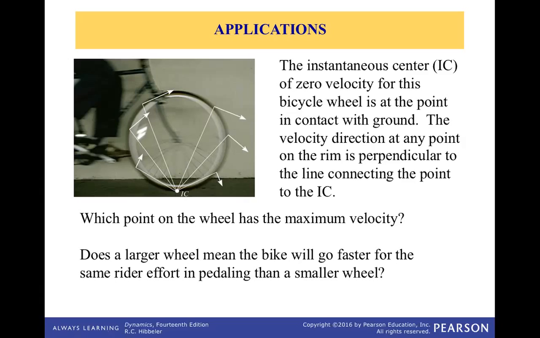Whichever point has the longest distance from this point will have the maximum velocity. For example here, the top of the wheel has the longest distance to the instantaneous center of zero velocity, so that point will have the largest linear velocity, and the contact point will have zero.